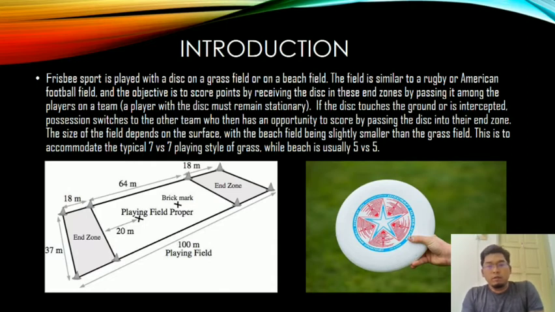The size of the field depends on the surface, with the beach field being slightly smaller than the grass field. This is to accommodate the typical 7 versus 7 playing style of grass, while beach is usually 5 versus 5.